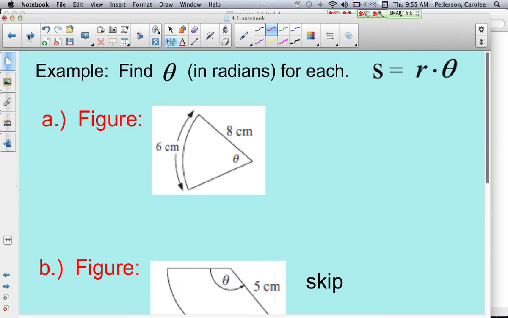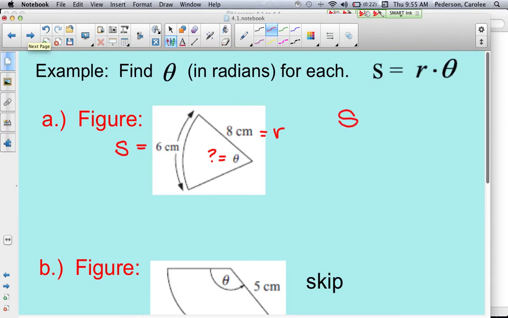Yep. So here is my radius. This is my arc length. And we're going to substitute it into the formula to find the central angle. And that central angle will be in radian measure.